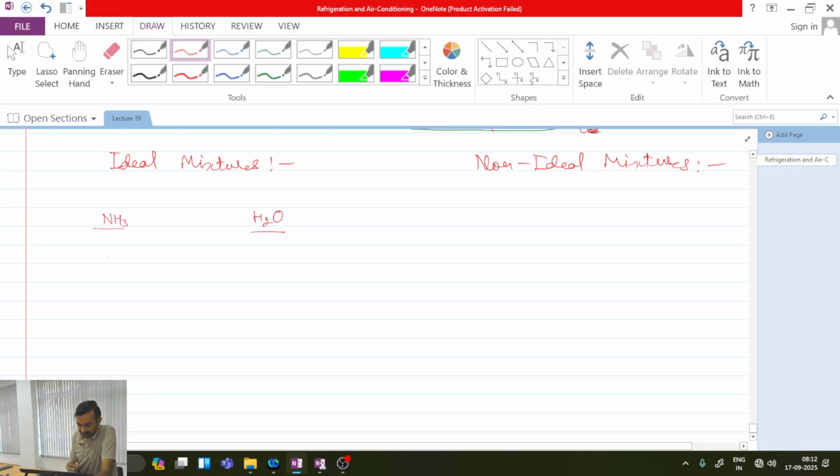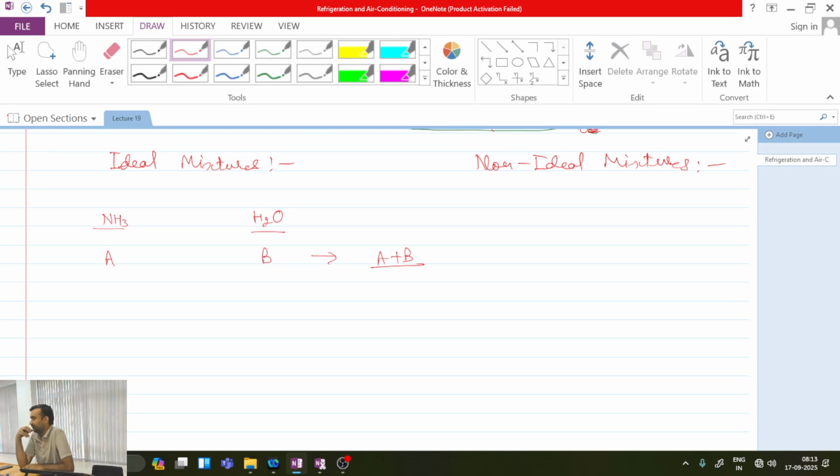I will start this discussion with a component A and a component B, and these two form a mixture of A plus B. Is this clear? Whenever this mixture is formed, there are some key parameters which we need to consider. The first parameter is that in the mixture there can be a mass fraction.